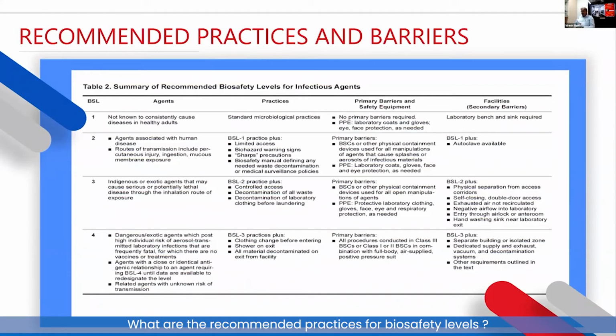Now, this is a little bit of a debatable topic from only one perspective, that the exit airlocks, the airlocks through which the people or the material go out, also need to be negative, and sometimes they need to be more negative as compared to the laboratory. But this again is an output from a risk assessment.